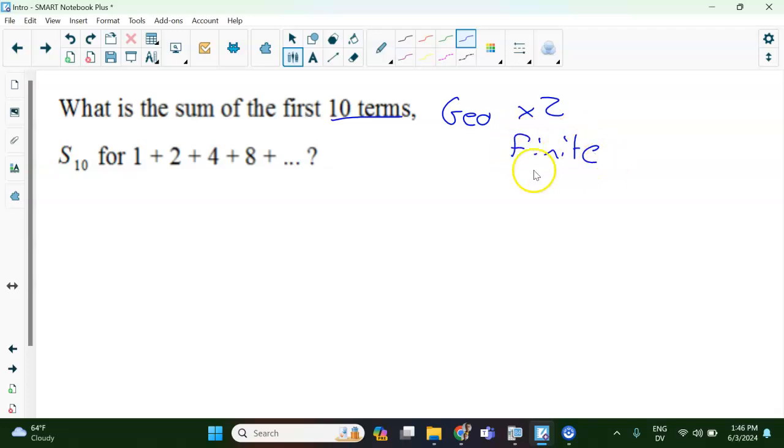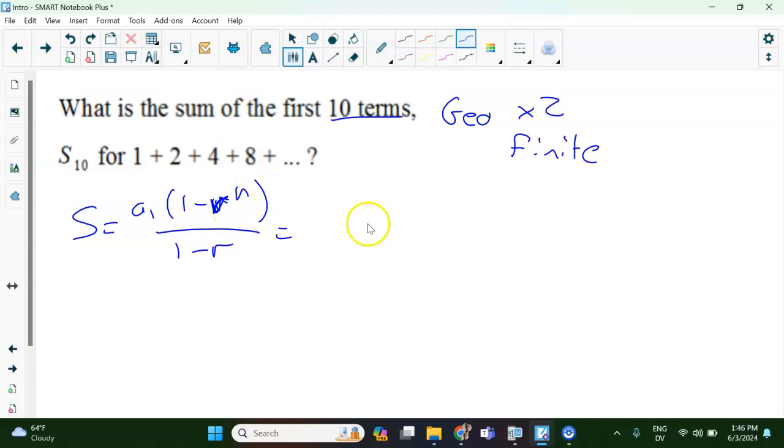So we're going to use the geometric finite formula, which says the sum is the first term, and then 1 minus r to the n over 1 minus r. a1 is just the 1. r is just 2 because we're timesing by 2. n is 10 because there's 10 terms in the pattern.